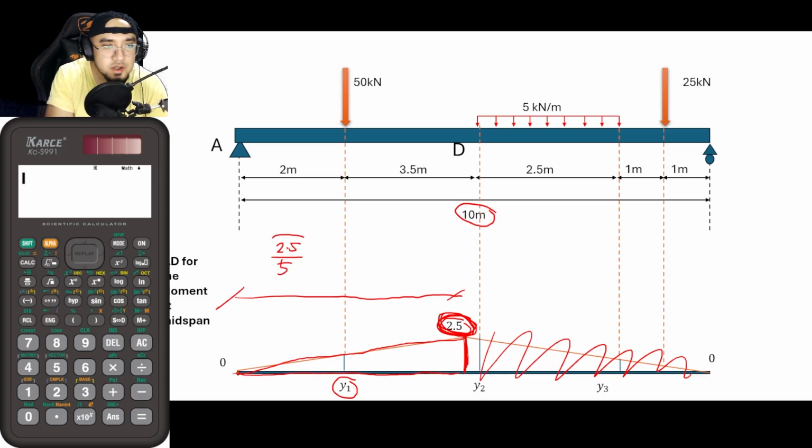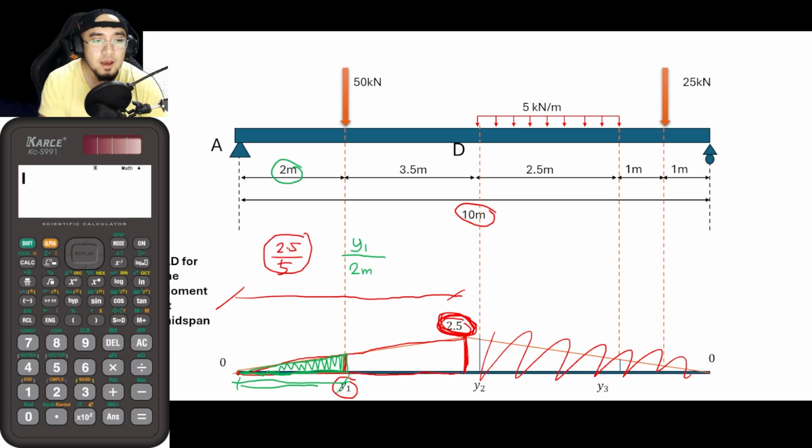So this is the ratio of the bigger triangle. So in order for you to get this value, let us now consider this small triangle. Okay? And from that, guys, its slope is equal to y1 divided by whatever this distance is. And according to the problem, that is 2 meters. So y1 divided by 2 meters. And since both of them came from the same triangle, their slopes are basically equal.